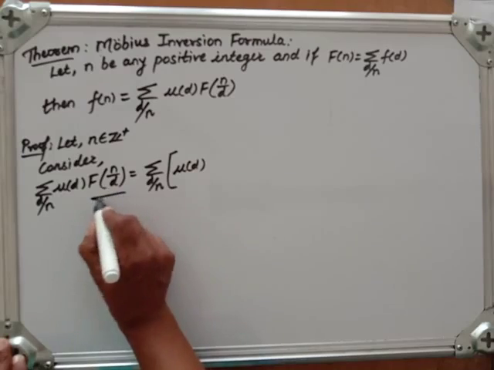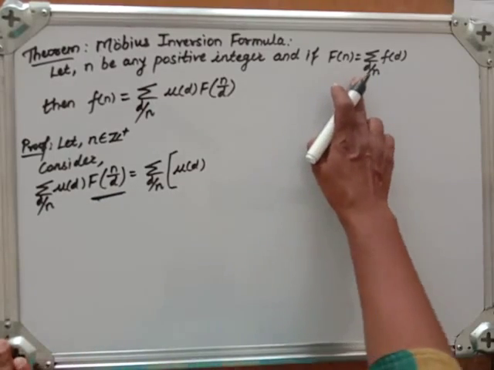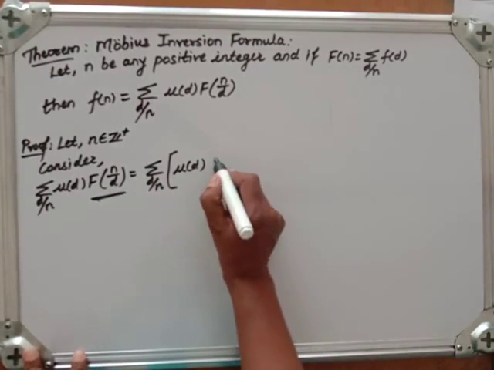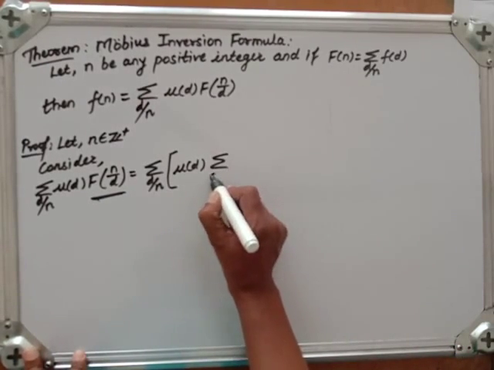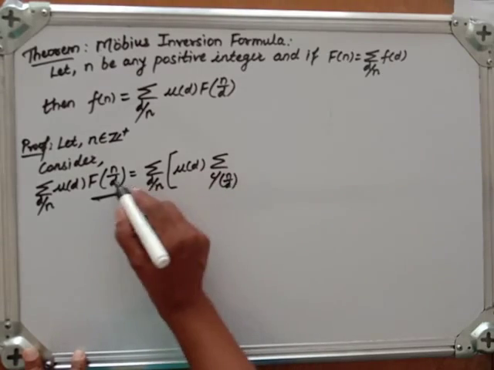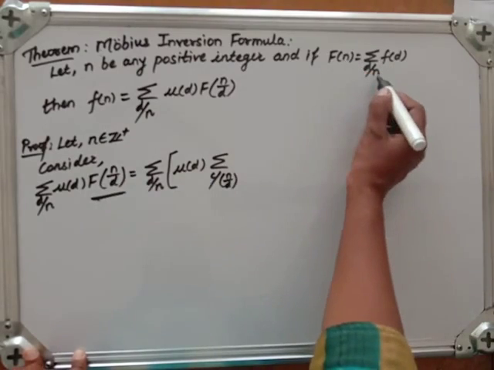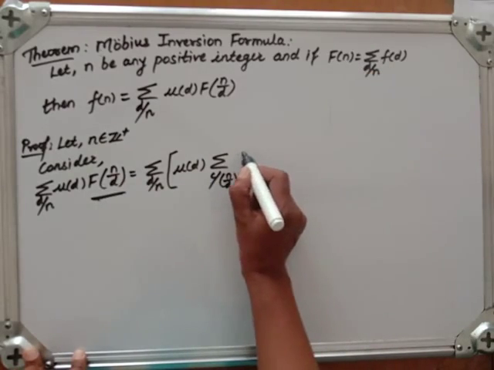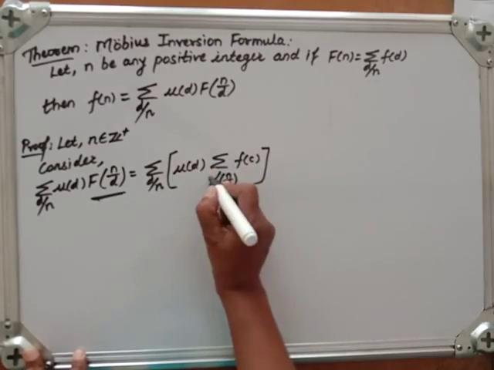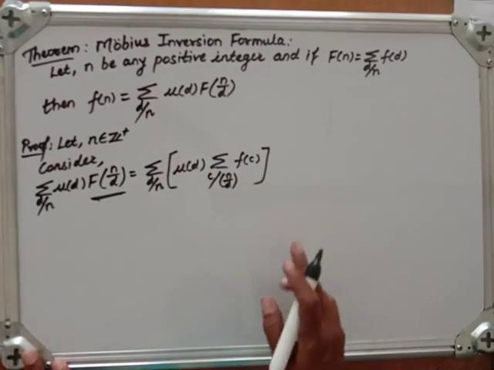Here for F(n/d), we can use this definition. So here we can say this is the summation over c dividing n/d, since n/d is a number that will play the role of n now, of f(c).